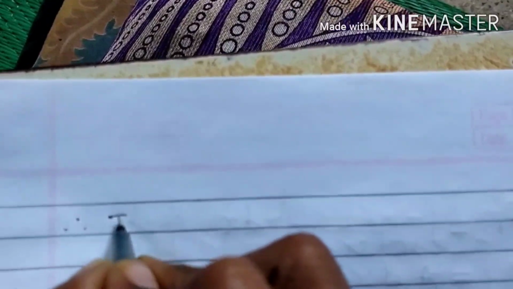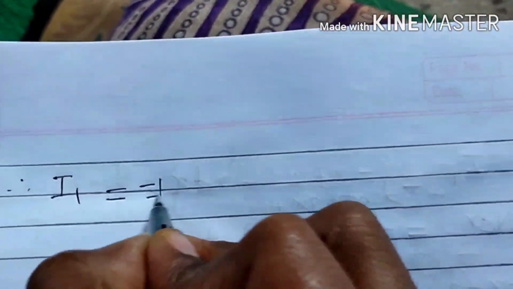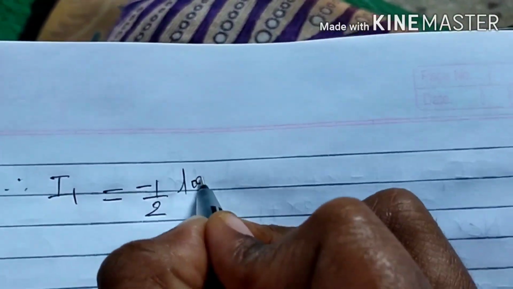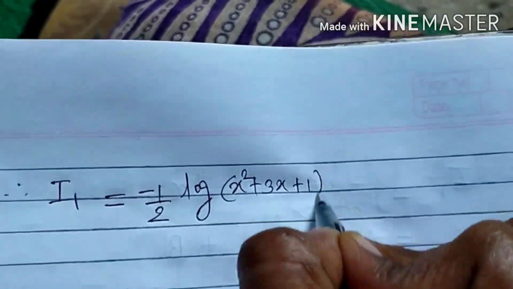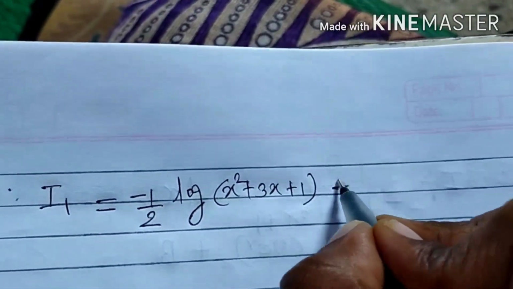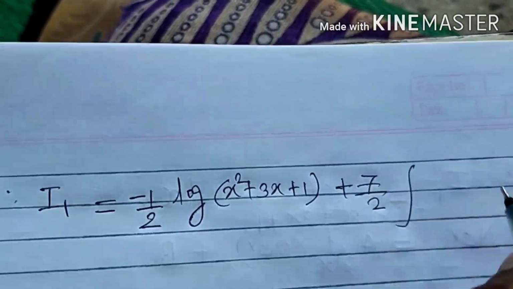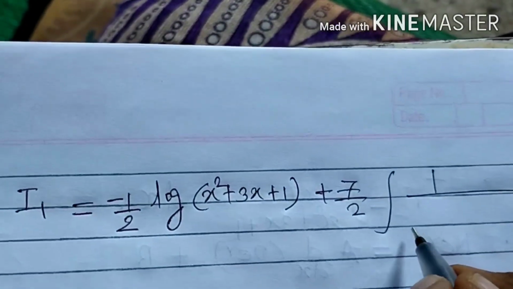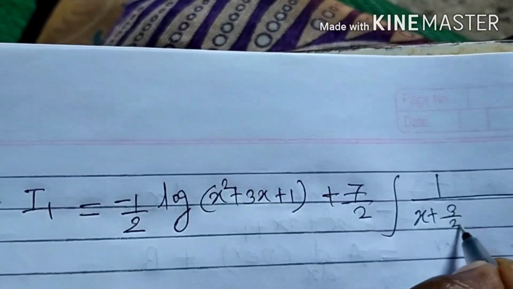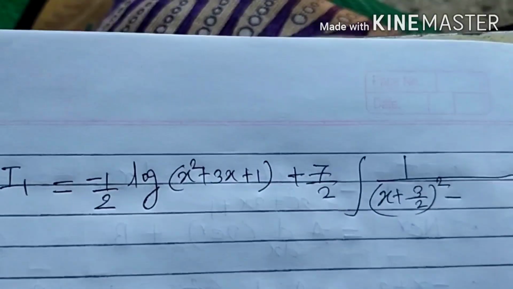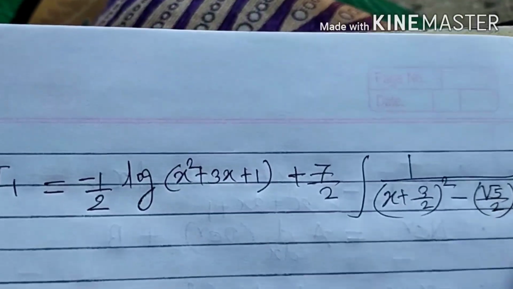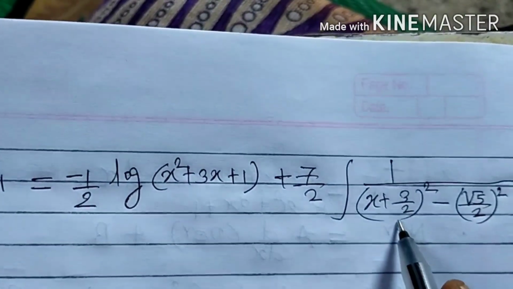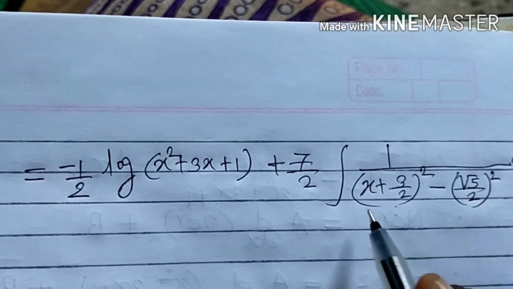Therefore I1 is equal to minus 1 by 2 log of x square plus 3x plus 1 plus 7 by 2 integration of 1 upon x plus 3 upon 2 whole square minus root 5 upon 2 whole square dx. Now this is of the form x square minus a square.